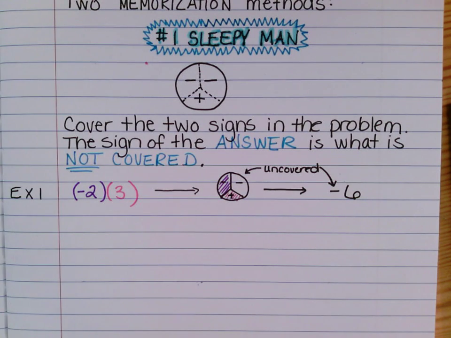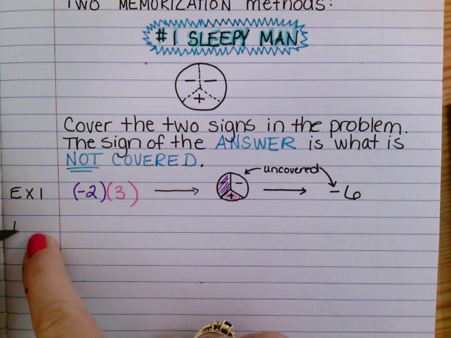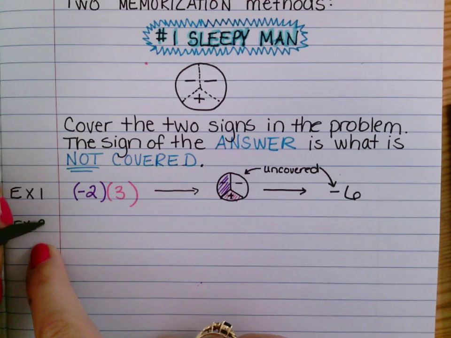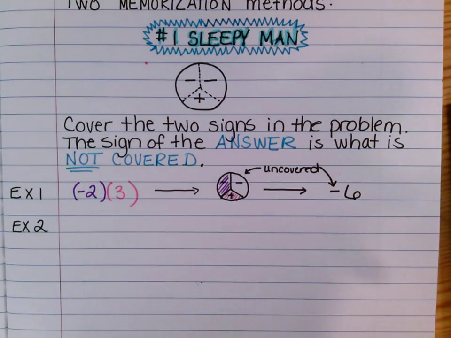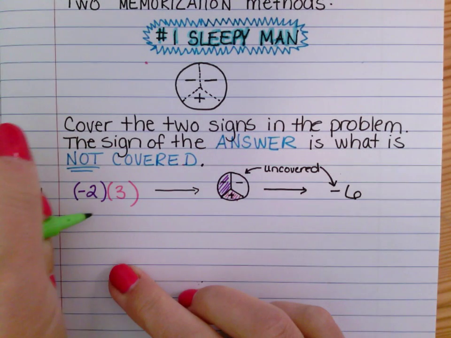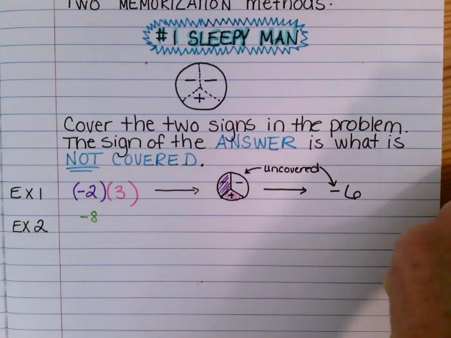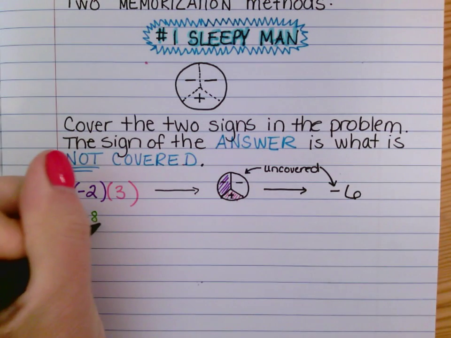Let's do another example. Let's do an example with division. So for example 2, let's do -8 divided by -2.